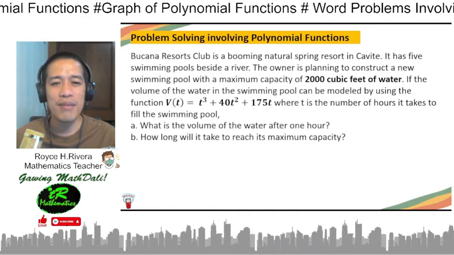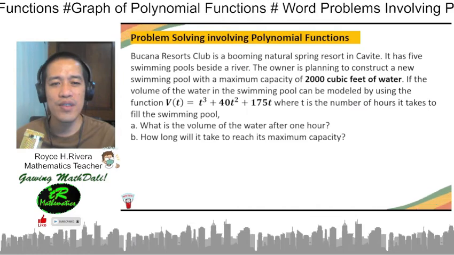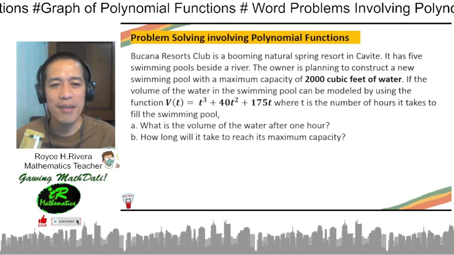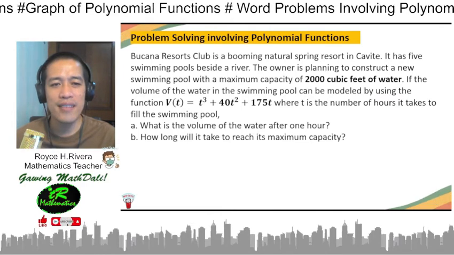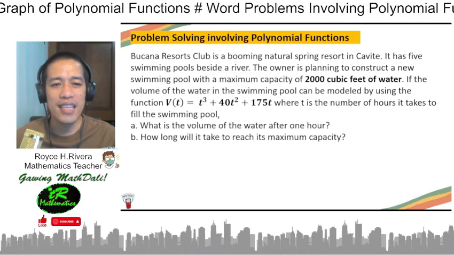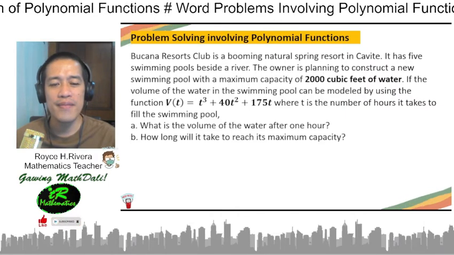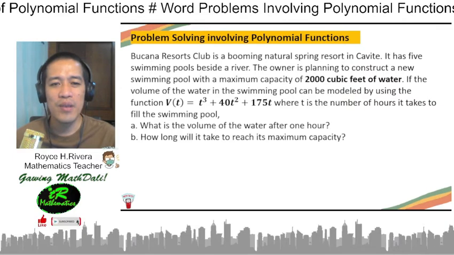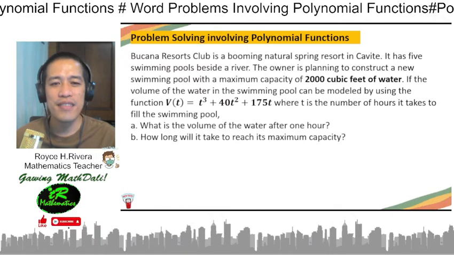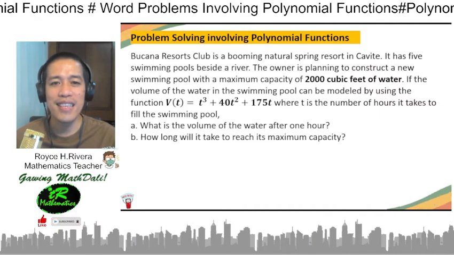If the volume of the water in the swimming pool can be modeled by using the function v of t equals t raised to 3 plus 40t squared plus 175t, where t is the number of hours it takes to fill the swimming pool. Letter A question: what is the volume of the water after 1 hour? And letter B: how long will it take to reach the maximum capacity?